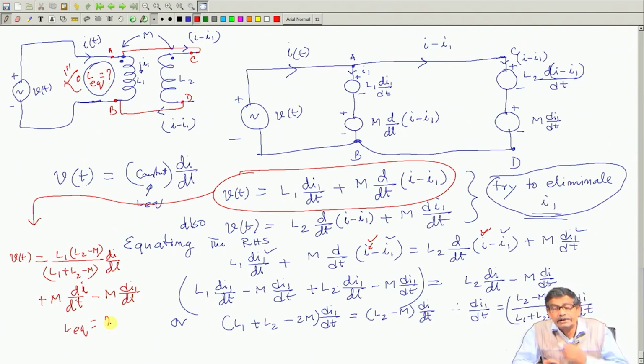And why should I write the KVL equation? Because I want to solve a circuit. For that reason, coupled coils can be shown just like that, but their dots must be properly and correctly given, then only I can proceed with a problem and write equations.